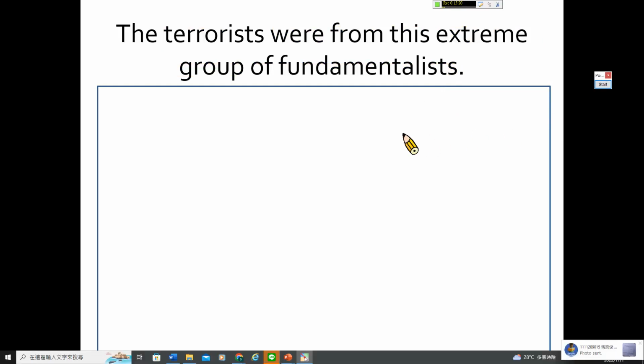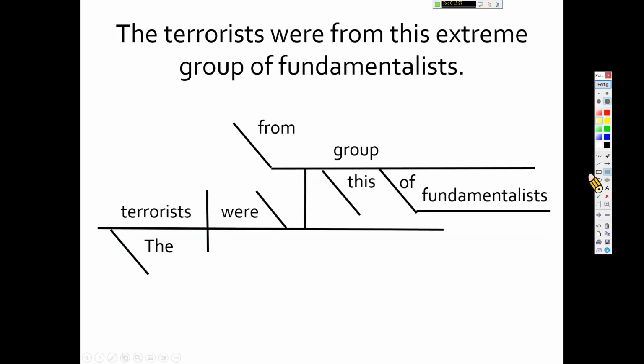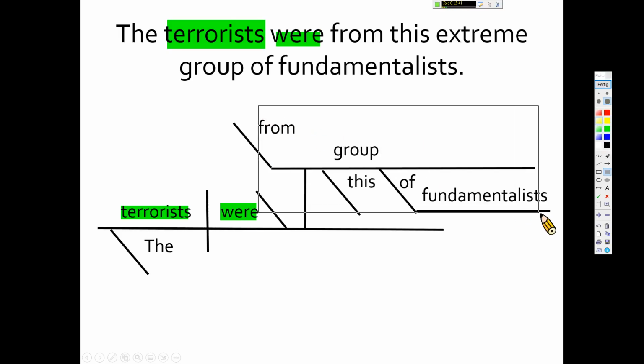So let's take a look at how we can achieve this drawing. The first one, something like this. The terrorists, okay, right? And the verb here. Because we have the modifier the. And here the whole segment is the subject complement.